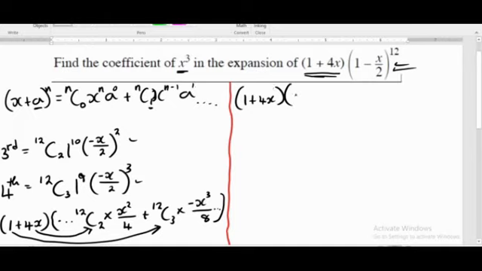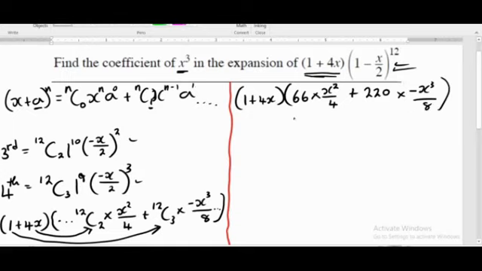The combination function is in every scientific calculator. So 66 times x squared divided by 4, then plus 12 combination 3, that is 220, times minus x power 3 divided by 8.